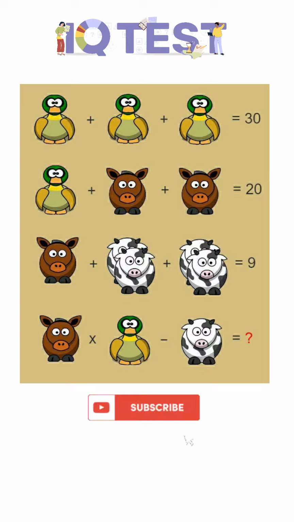So we now have 1 donkey and 4 cattle or 4 cows, that will give us 9. So we have to find 1 donkey multiplied by 1 duck minus 1 cow. Anyone with the answer here? Let's challenge our brains.